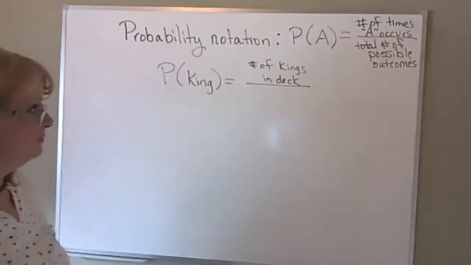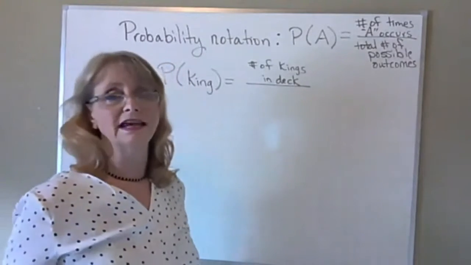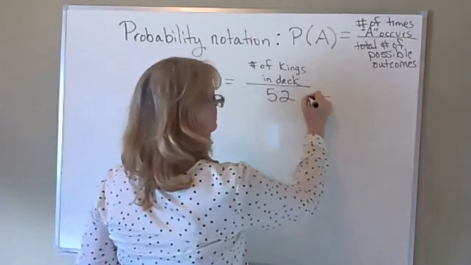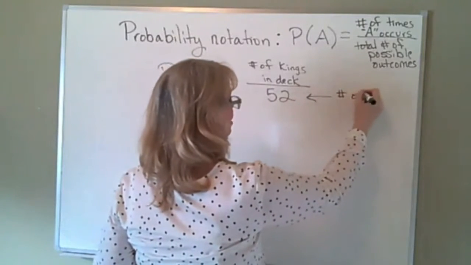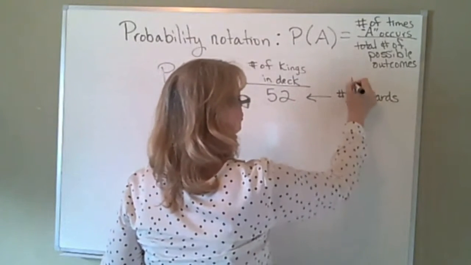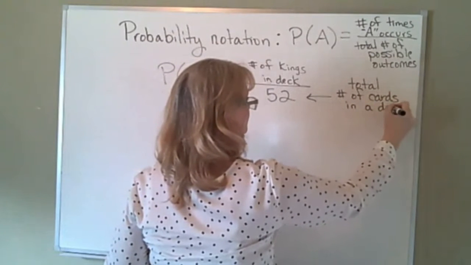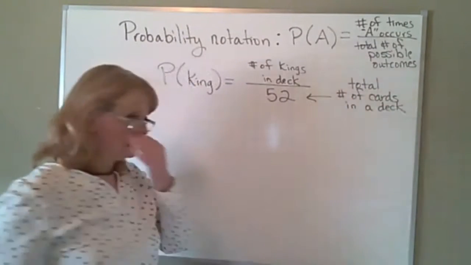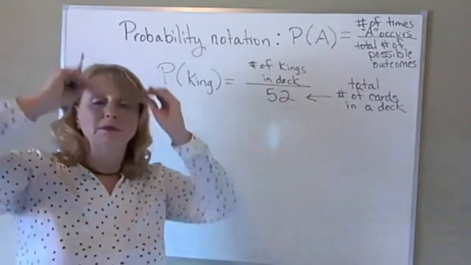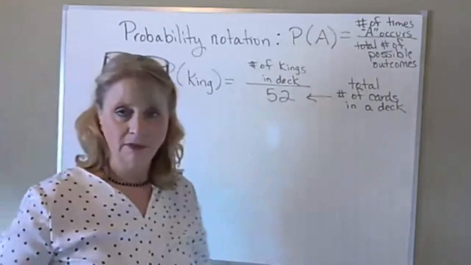So if your experiment is drawing cards from a standard deck of cards, that denominator is always 52 because that's the number of cards in a deck. Total number in a deck of cards. So you definitely need to know that, make note of that. That would be something you would want to include on your sheet.